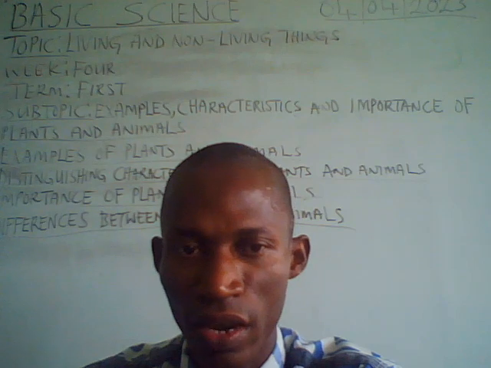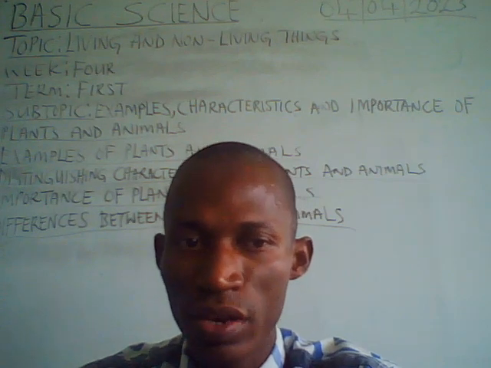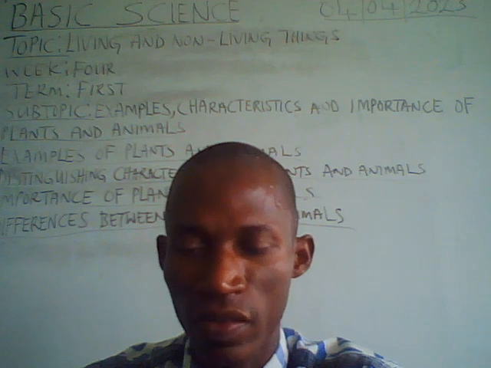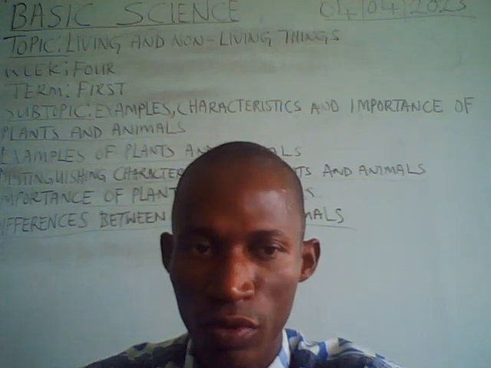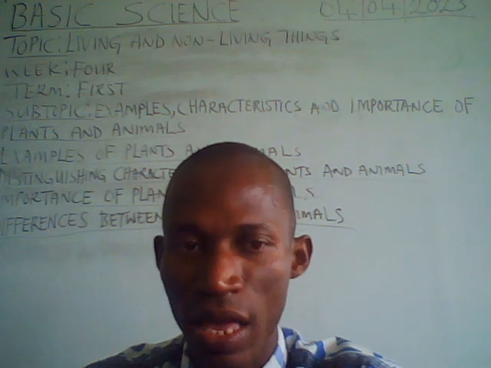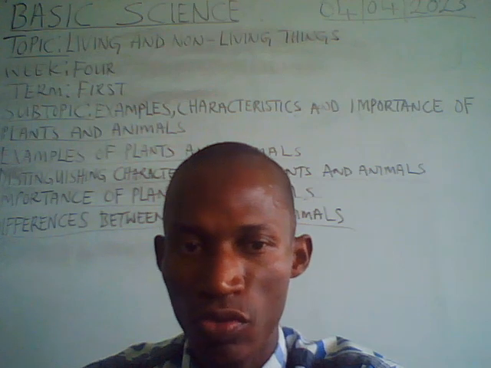Animals have lungs, gills, or air holes for exchange of air. The next one is that plants do not have sense organs, whereas animals have sense organs. The fifth one is that plants reproduce through their seeds or other plant parts. Animals reproduce by either laying eggs or giving birth to babies.